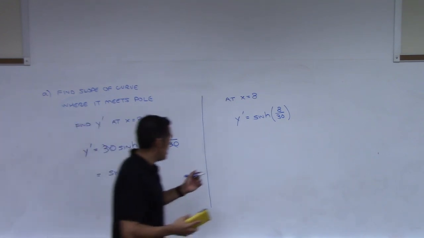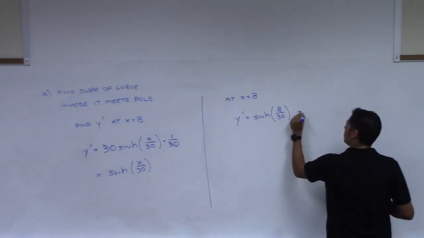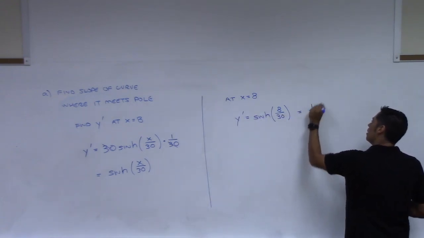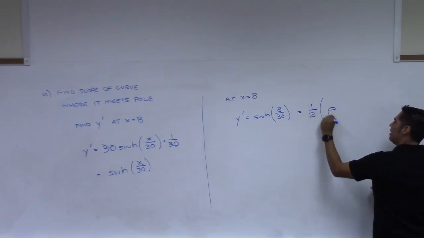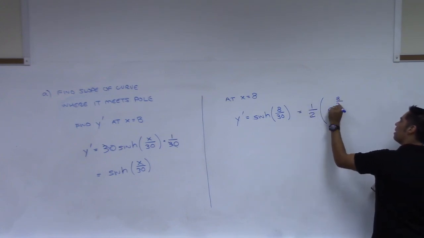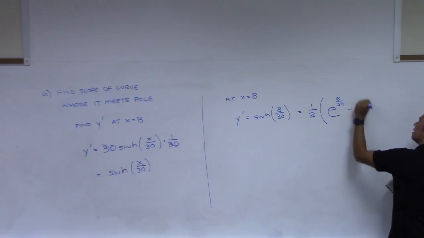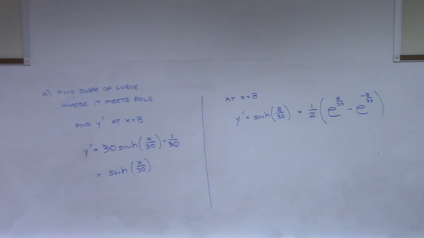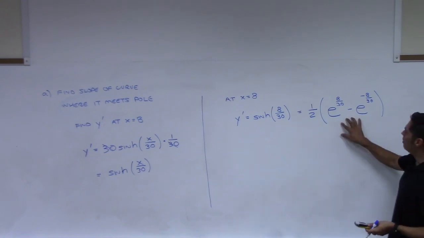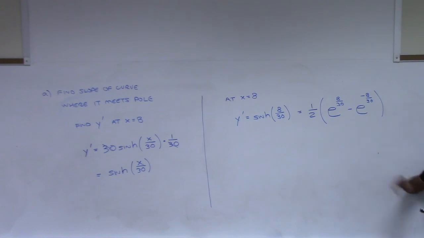Instead I'm going to use the definition of sine hyperbolic, which is 1/2 times e to the 8 over 30 minus e to the negative 8 over 30. Isn't that the definition? On my calculator, I'm going to try this computation. You try it on yours, and let's see if you and I come up with the same results.